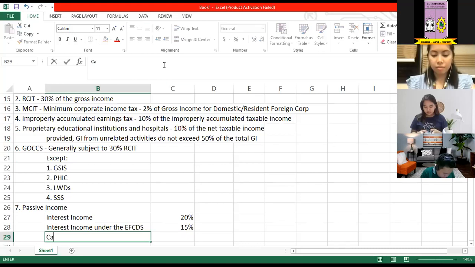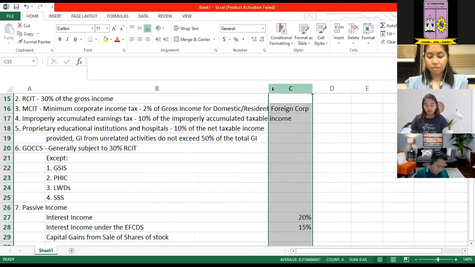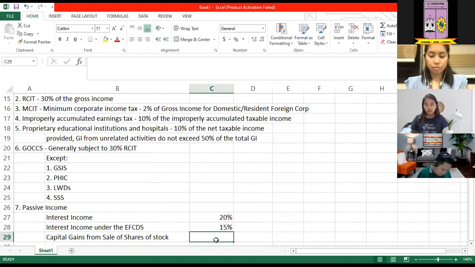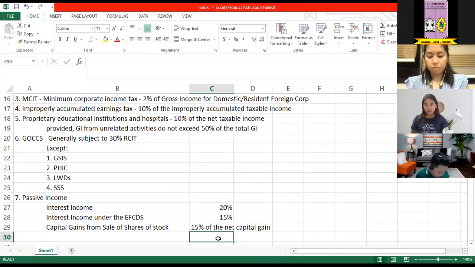Ito, mga capital gains. Shares of stock, 15% of the net capital gain. Okay.